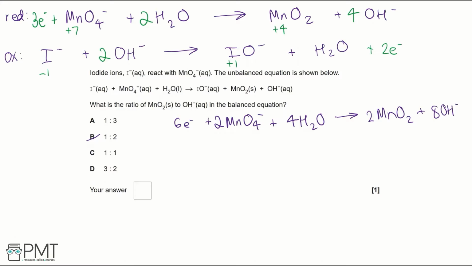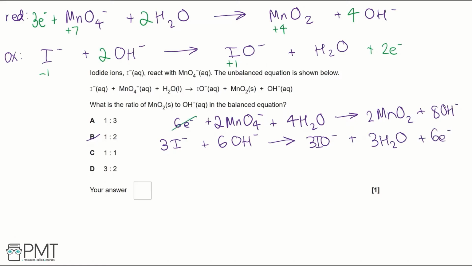Now rewriting our oxidation half equation, we need to multiply everything by 3. So we have 3I minus plus 6 OH minus, and that's going to produce 3 IO minus and 3 H2Os with 6 electrons. Then we cancel out.